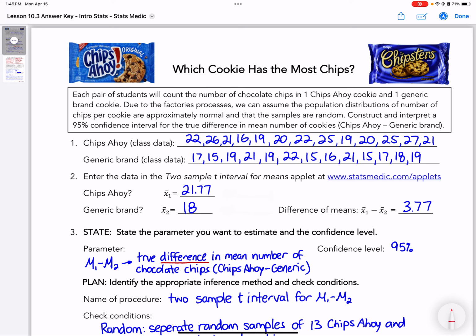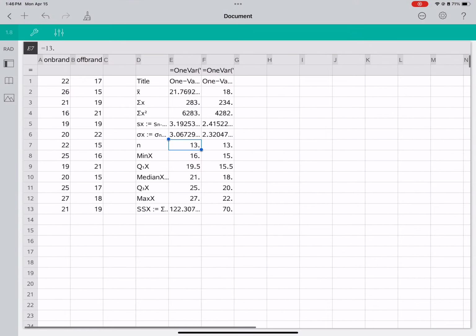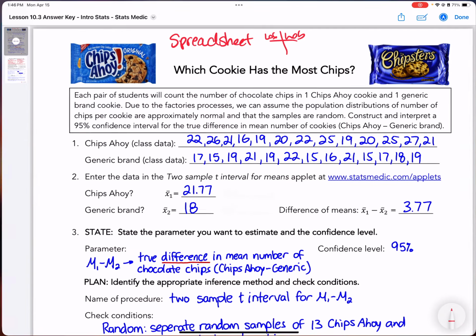To be able to get this, first of all, I entered my data, and to do that, I opened up a spreadsheet, and I labeled the spreadsheet, and I made sure both columns had a label, which you saw right at the top, on brand, off brand. It didn't matter what you labeled it, it needs a label though.